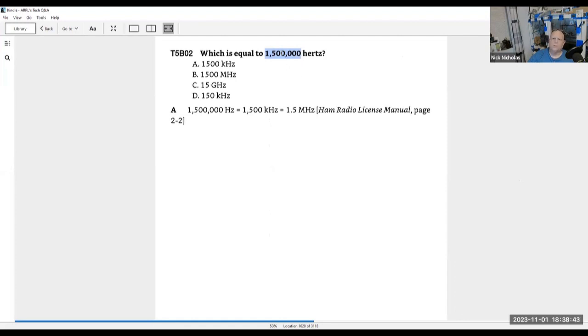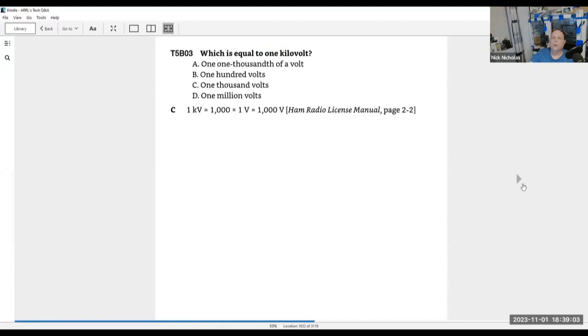A kilo would be 1,500 because you take off 3 zeros, or you divide it by 1,000, and that's the same as taking off 3 zeros. And so 1,500 kilos looks like the number is right, and that's the answer on the page, which is equal to 1 kilovolt.